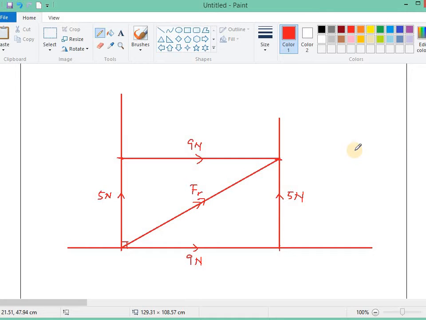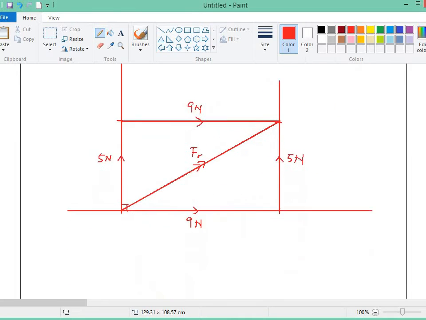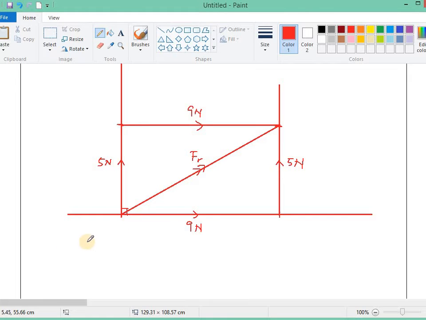So how to know how many Newton is the resultant force? All we do is we just take a ruler and measure. So I measure here, and I get 10.3 centimeter.